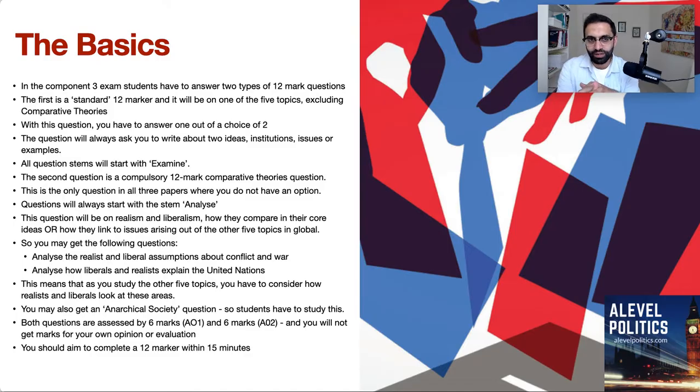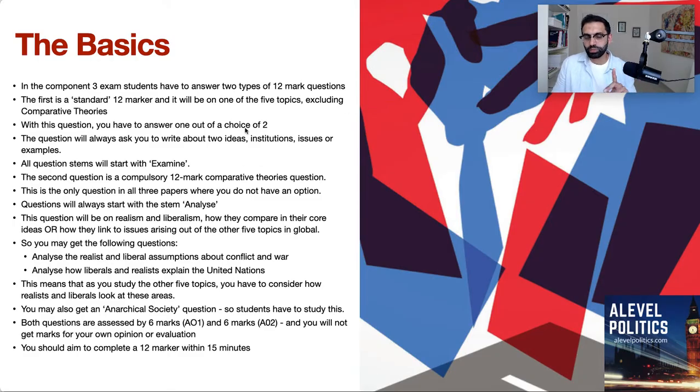I did that well, I think. So you've got those 5 topic areas, excluding comparative theories. So you're going to get 2 questions out of the 5 topic areas, so you're going to get a choice out of 2.